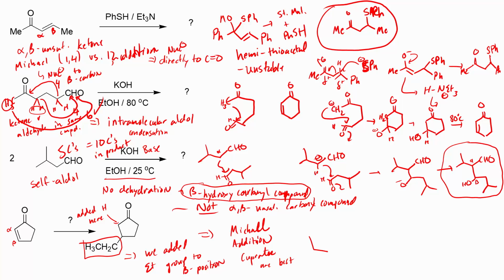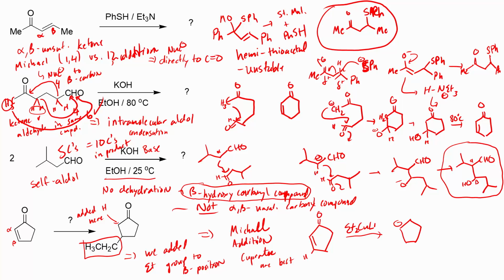Okay, all right, so what would we want to do here? What we would want to do is to treat this with the Gilman reagent. It has two ethyl groups in it, diethyl copper lithium.